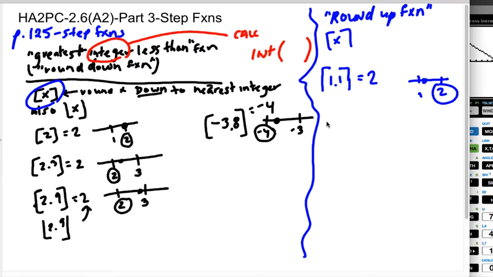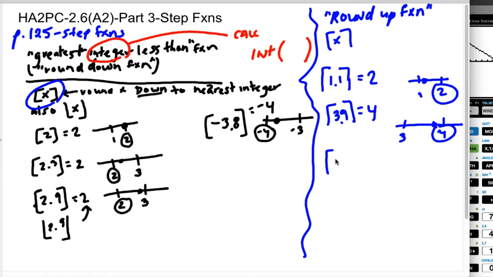So let's say I asked you to round up, let's do 3.9, right? Now this intuitively is actually going to round up the same way that it would anyway. It's going to be a 4, but here's the reason. If you put a 3 and a 4 on the number line, 3.9 lives somewhere around here. Oh, look, that rounds up to 4. Again, where it gets uncomfortable is when we start doing negative numbers, right?